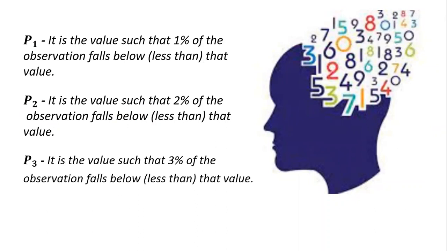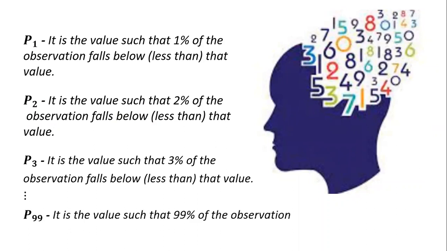Same goes with the third percentile. It is the value such that 3% of the observations fall below that value, and so on and so forth up to the 99th percentile. It is the value such that 99% of the observations fall below that value.